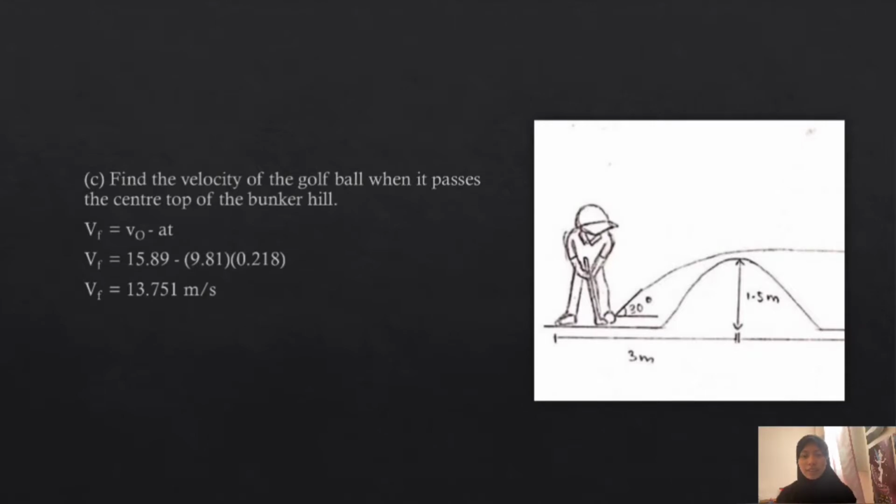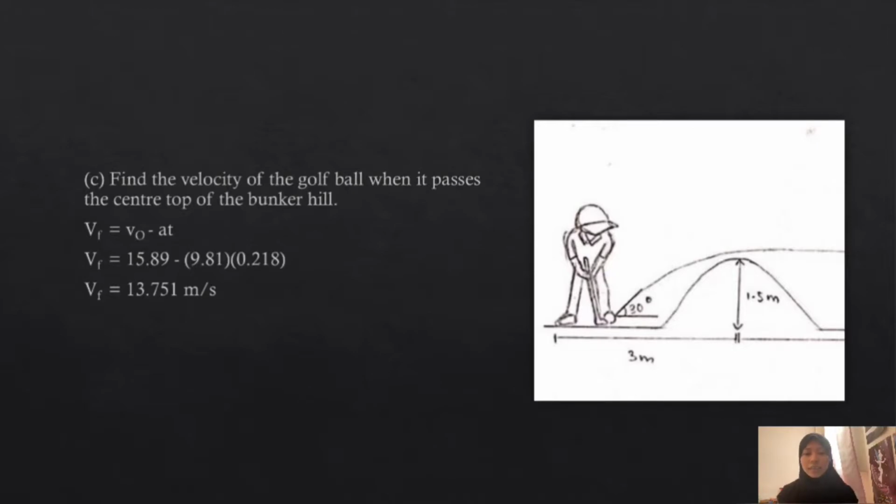My name is Hasya from Nasir, KIB1002. Now we're going to continue from the part that my friend Lydia calculated just now. Okay, now we are going to find the velocity of the golf ball when it passes the center top of the bunker hill.